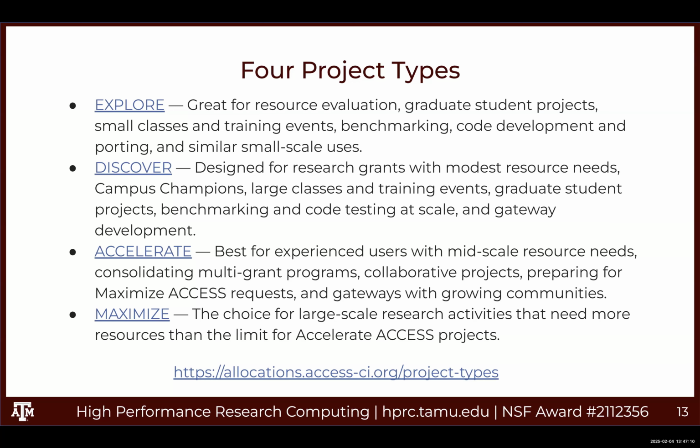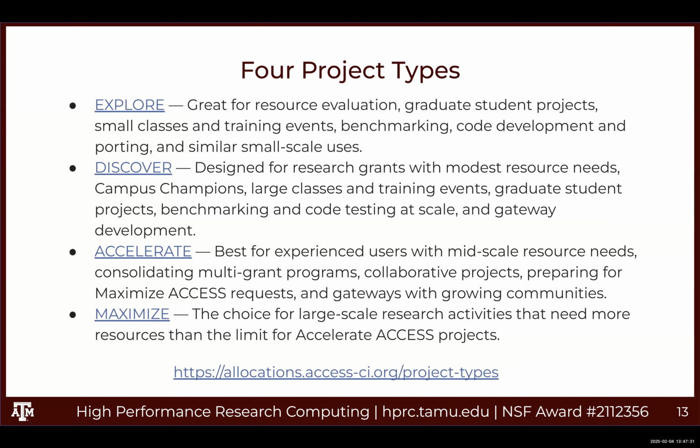If you want to get a Maximize, you might need to get an Accelerate first, and then do that work that's going to prepare you to be able to apply for the Maximize, which is the largest. And that one needs a lot more resources than is possible for the Accelerate.